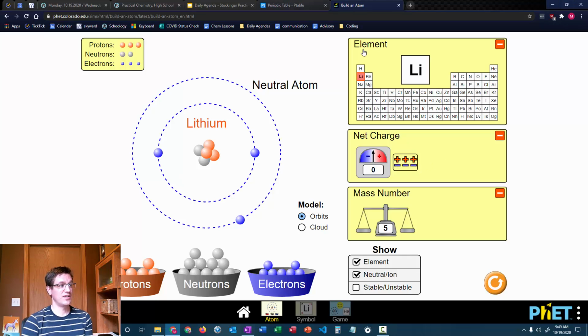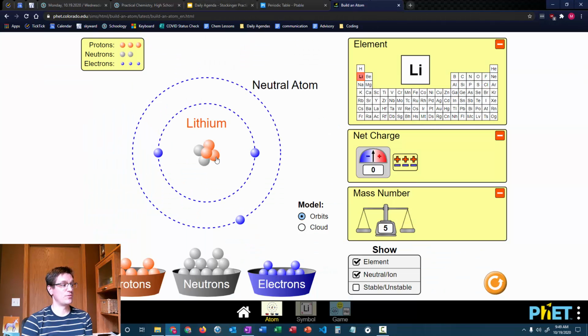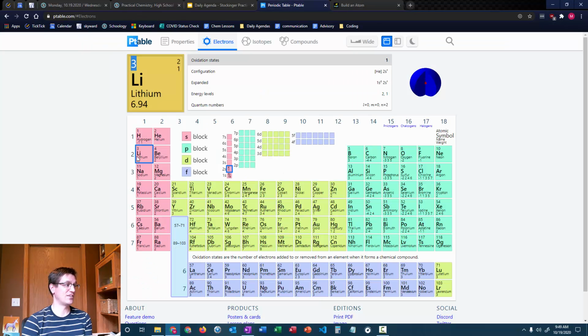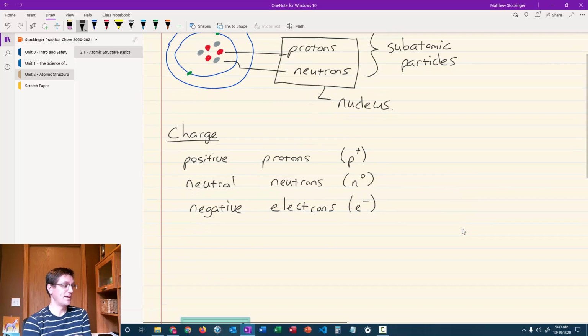You'll also note that lithium is number 3 in the periodic table. Lithium has 3 protons, and it has 3 electrons, and it's number 3 in the periodic table. That's all connected on purpose. The periodic table is built that way.